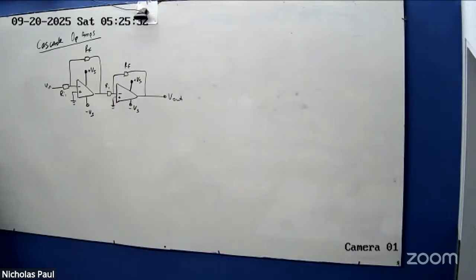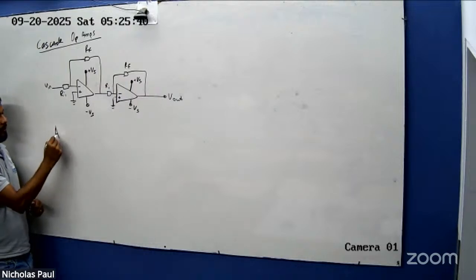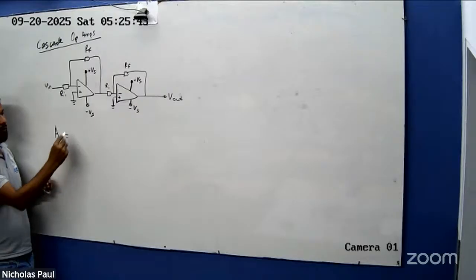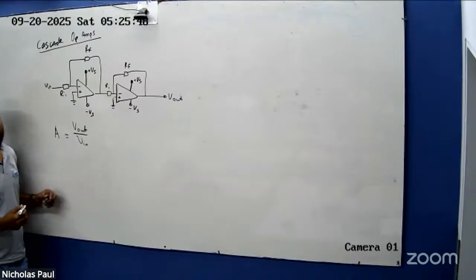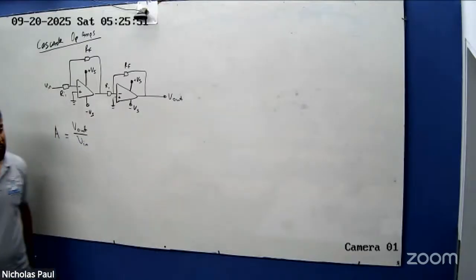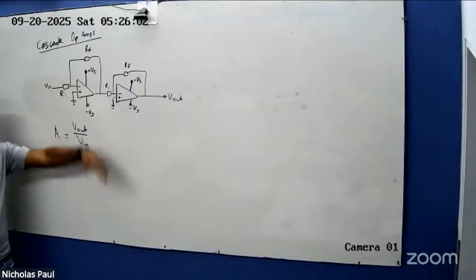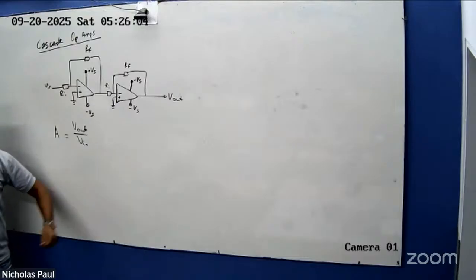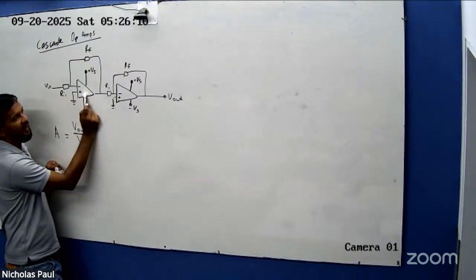Any ideas how we could find the overall gain? Gain is still V out over V in. So we need this whole value and this value to figure it out. But in terms of the resistors, we need other help as well. I'll show you the long way first and then a shorter way to work it out. So this input goes into here and it gives you an output.